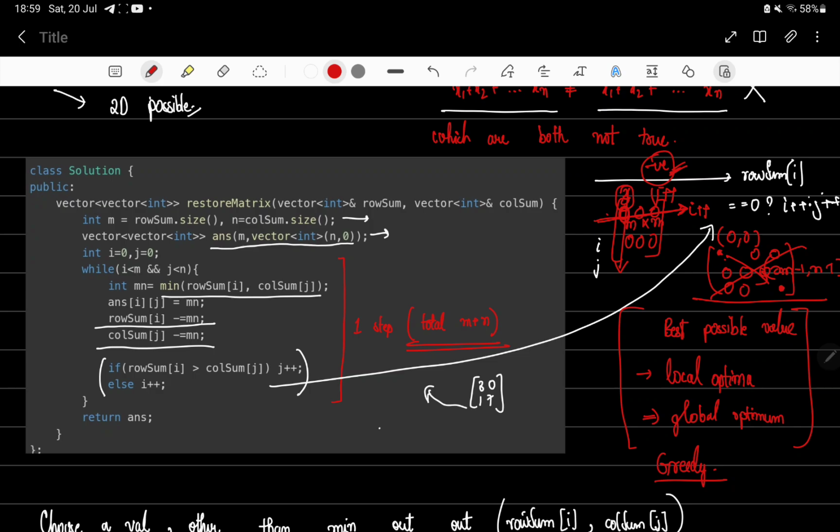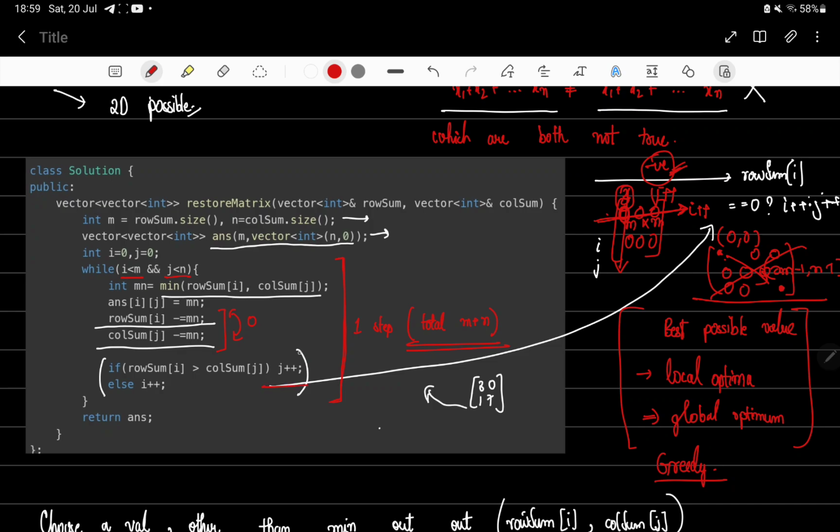It is already done. So at each step I'm incrementing either i or j. This while loop is a step, and we have m plus n steps. In each step I'm just taking the minimum, subtracting it from both the row sum and column sum, and then either of these two will become 0, that is for sure.